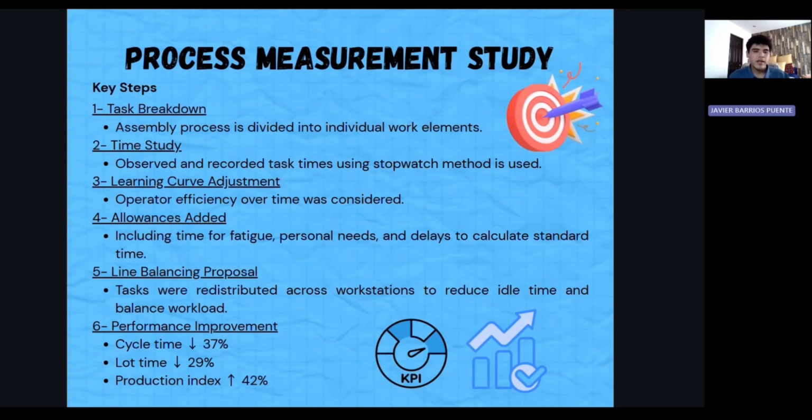Fifth, we have the line balancing proposal, where tasks were redistributed across workstations to reduce idle time and balance workload. And finally, we have the performance improvement, where our cycle time went down by 37%, our lot time by 29%, and our production index went up by 42%.